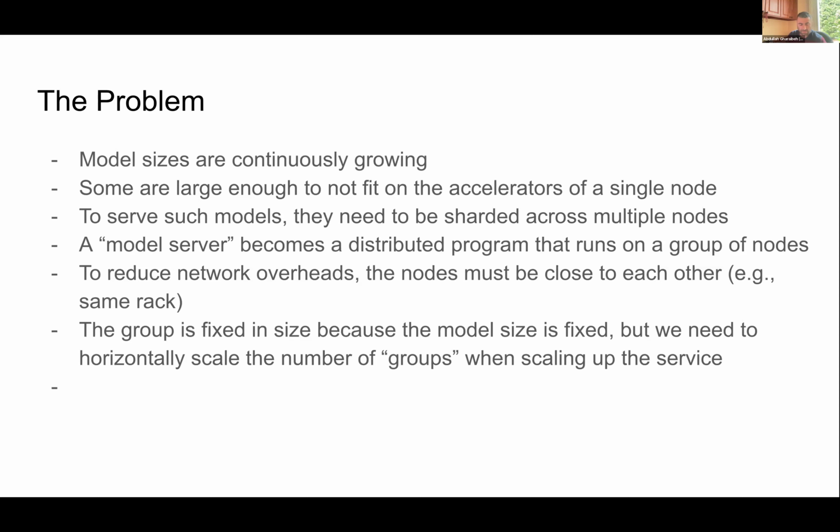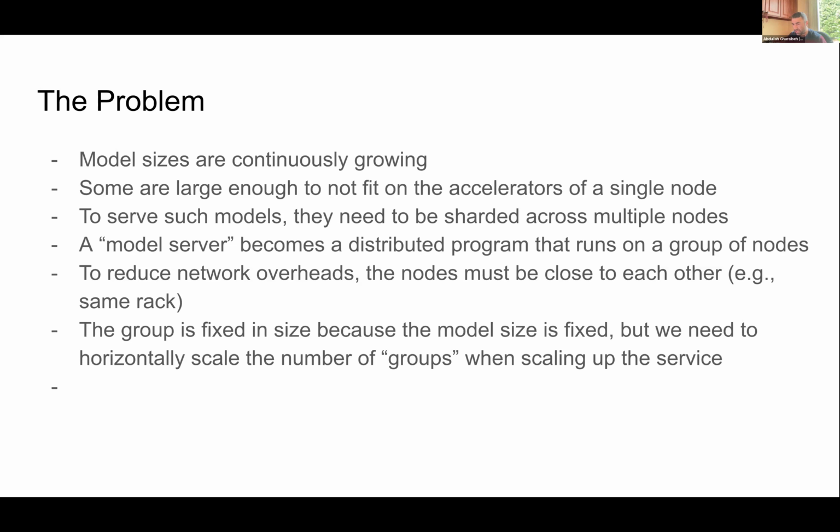You're not going to scale the number of GPUs at runtime. You may want to use fewer GPUs if you're doing quantization, but you're not doing it at runtime. So when you deploy, the group size is fixed to support a single distributed model server. However, you will want to horizontally scale the number of those groups. So that is another requirement here.